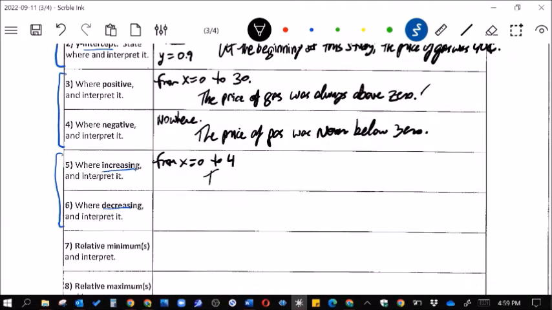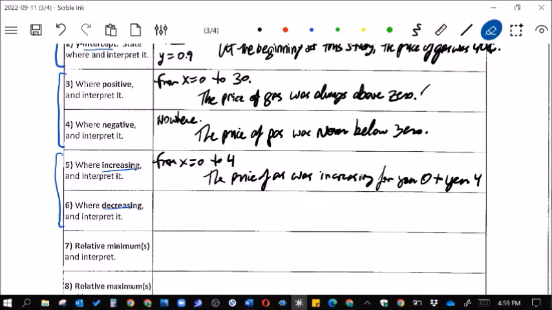So that means the price of gas was increasing as the years were increasing from year 0 to year 4. Or we could say from 1989 to 1993. That would be those 4 years.